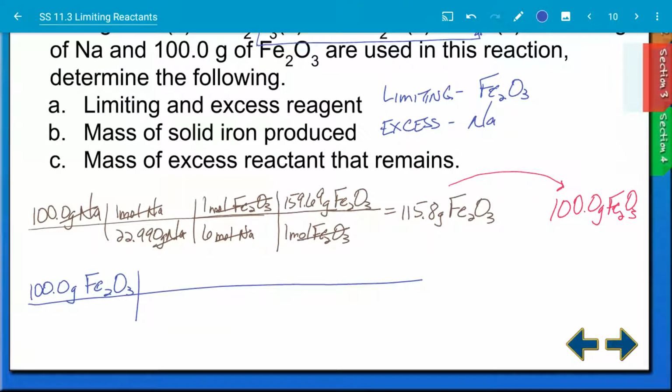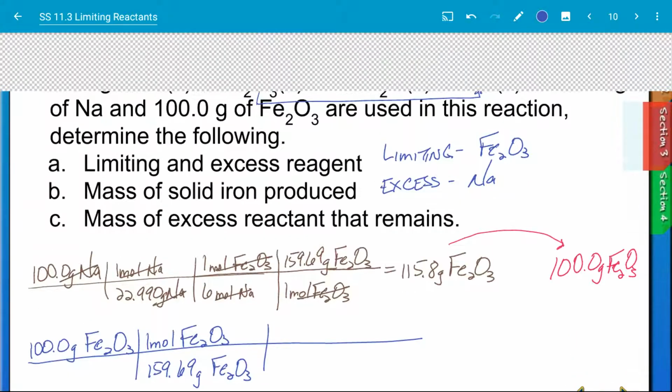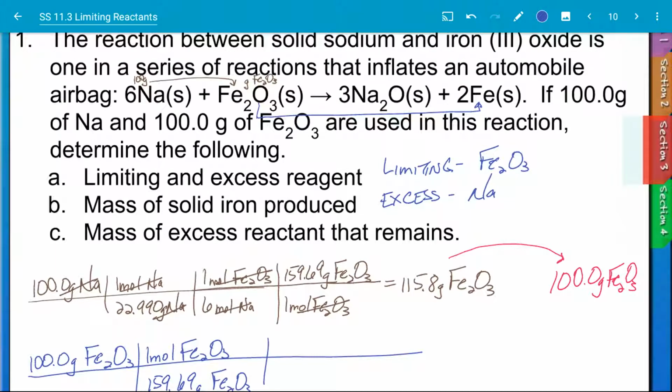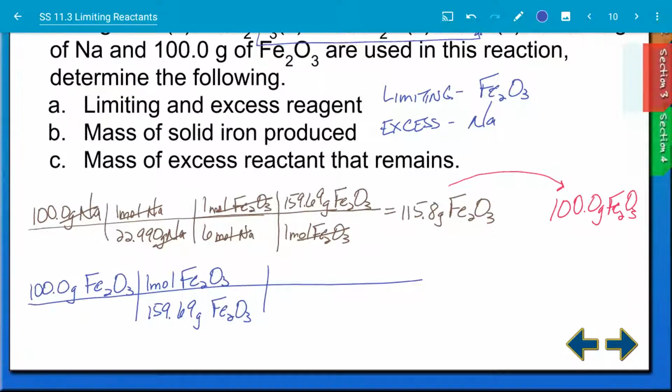So 1 mole of iron 3 oxide weighs 159.69 grams. And I know for every 1 mole of iron 3 oxide, I will produce 2 moles of iron.